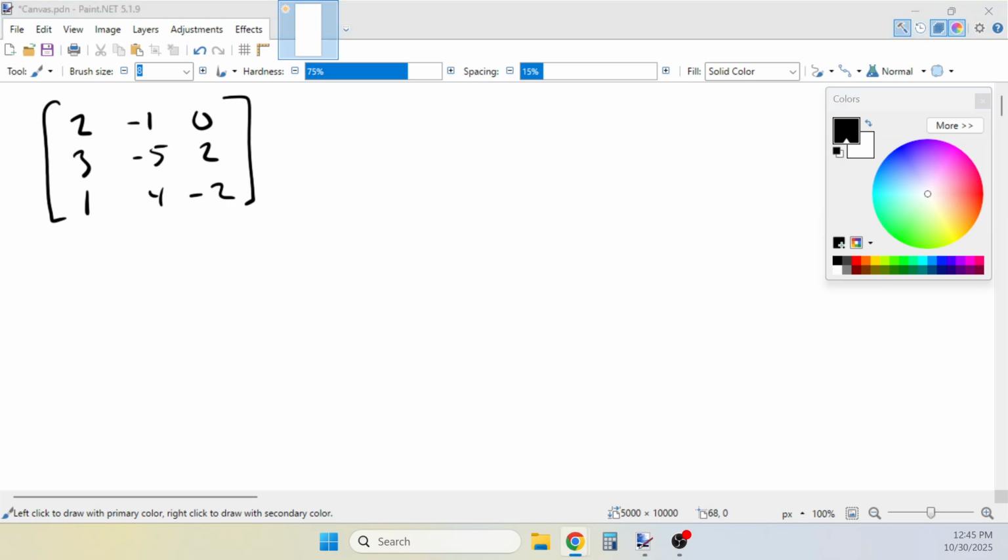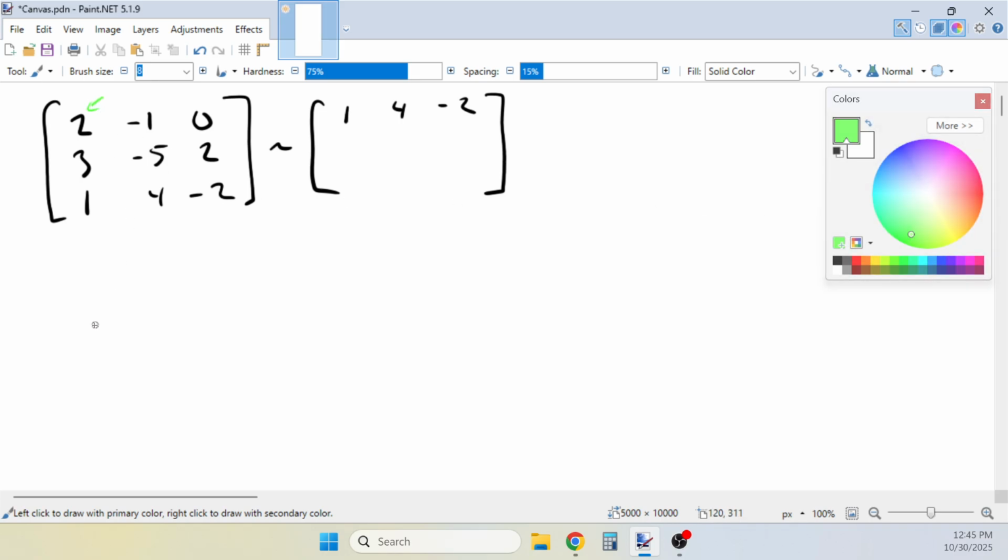We're just going to practice without worrying about that. First thing I would see is I want to have a one in the top left corner, so bottom row to the top, and then I'm going to get rid of the other one.